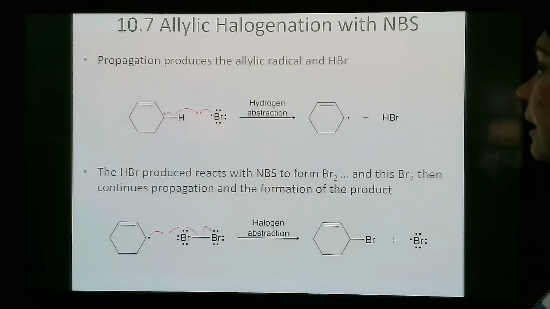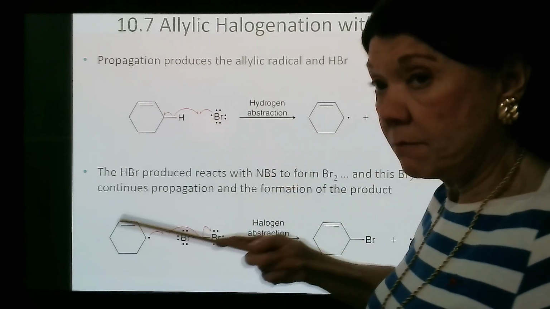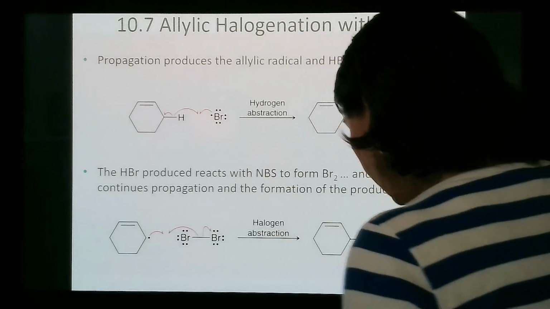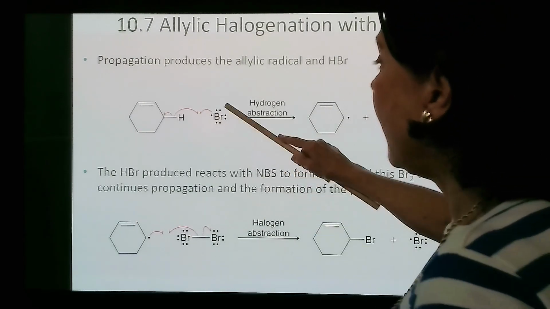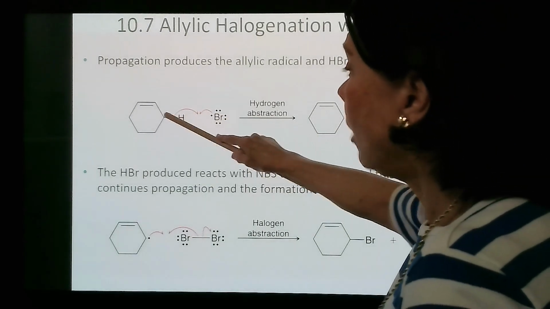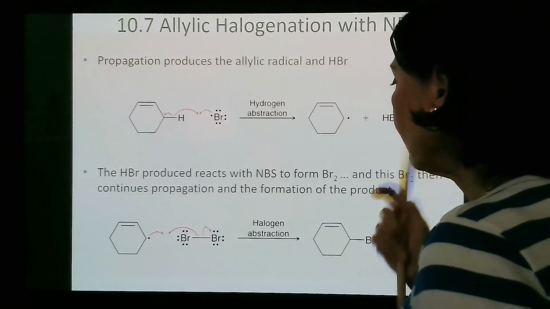And so here it is. You will have Br dot from the initiation of the reaction using NBS, and it will abstract H dot, leaving the allylic radical, and here you have some HBr generated.